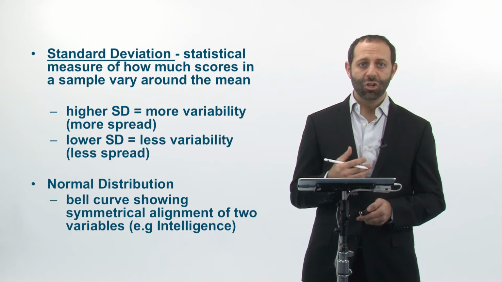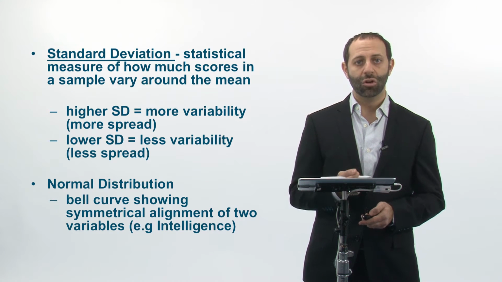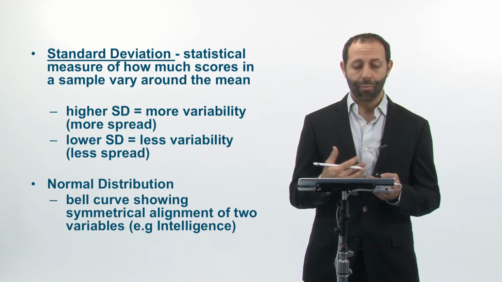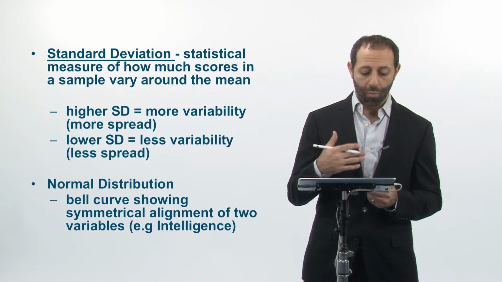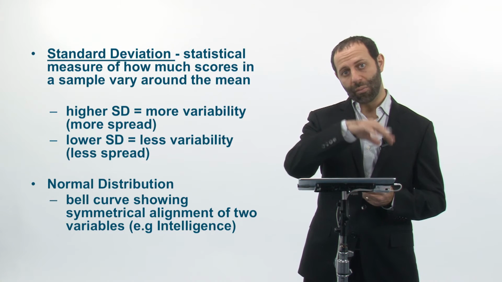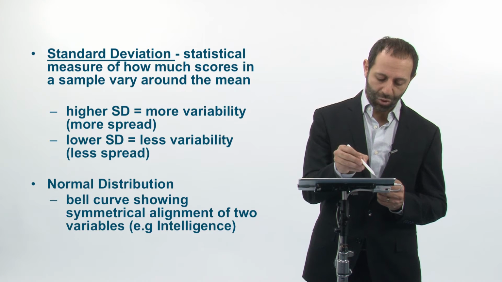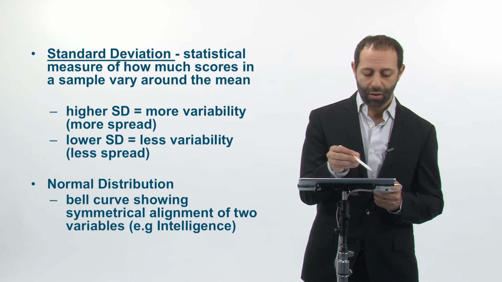The standard deviation is a statistical measure of how much any particular score in a sample varies or moves around from the mean. So if I have an intelligence, again, we're using intelligence a lot here, but let's say it's weight.